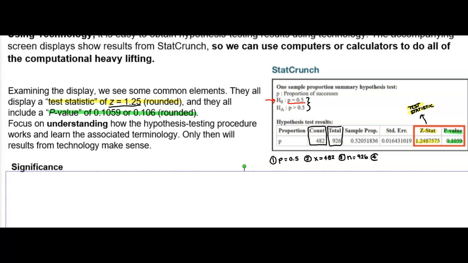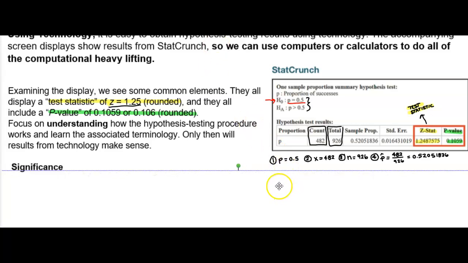Number 4, what is the point estimate? Well, we just did that on the calculator. That is 482 divided by 926, which is then equal to 0.52051836.